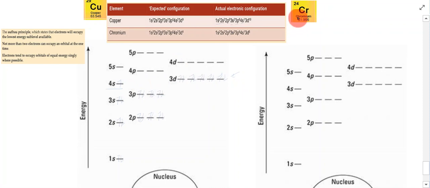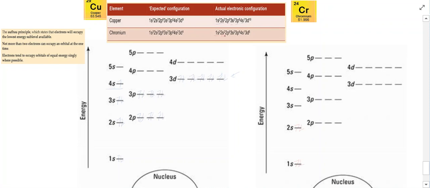And the same with chromium as well. We would expect it to fill up like this, but it actually fills up like this. So let's have a look at that one and how it works. First of all, this first energy level is completely filled up with 2. Then we have the 2s, which has 2 in here as well.